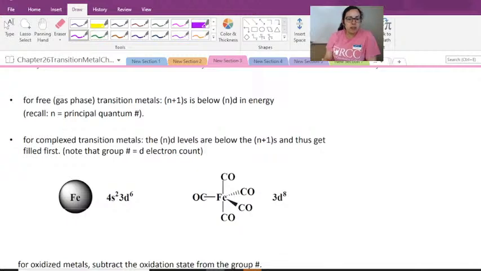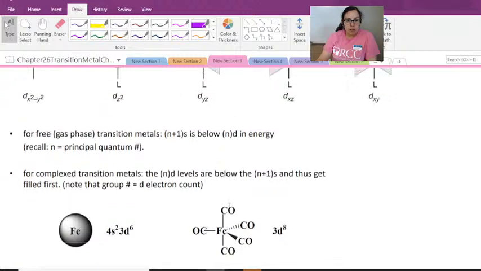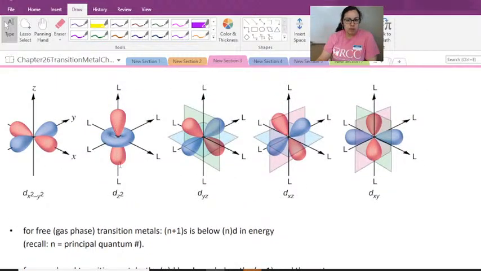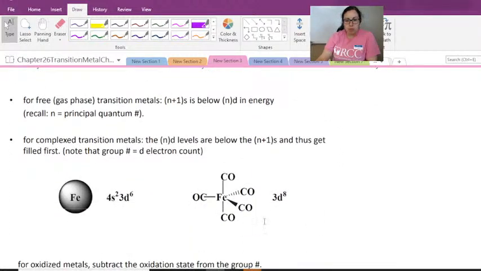But then once they're complex, these d levels are now below the s orbital, and so they get filled up. That's just because they're involved in bonding. Looking at this, it's going to be invoking some dz² and probably part of these orbitals as well in bonding. And so that change brings those d orbitals lower in bonding.